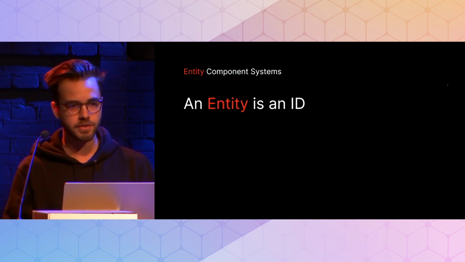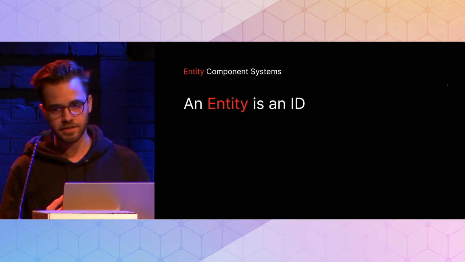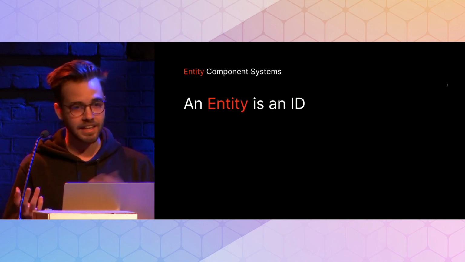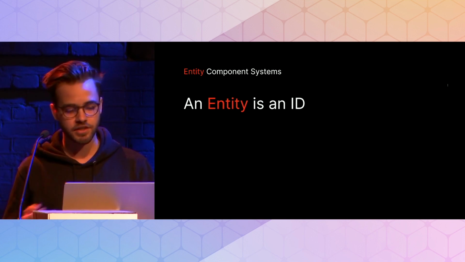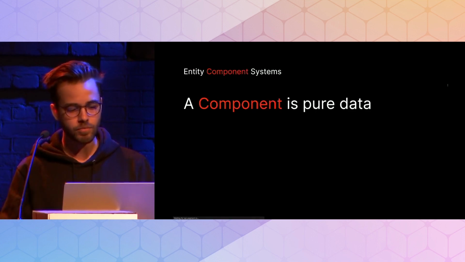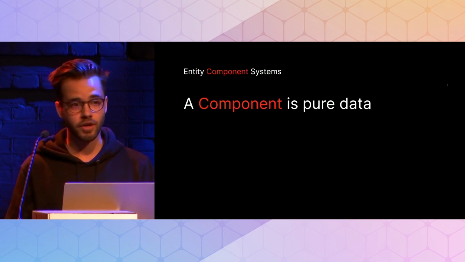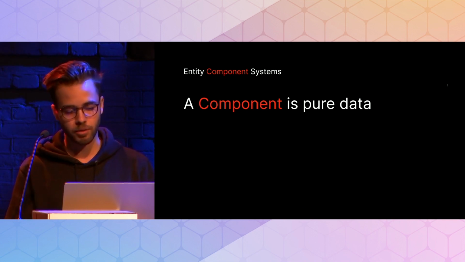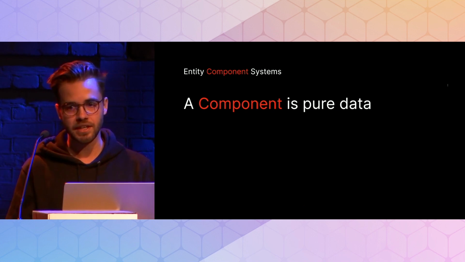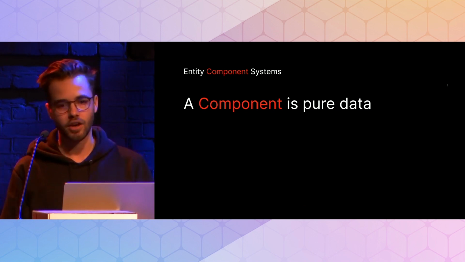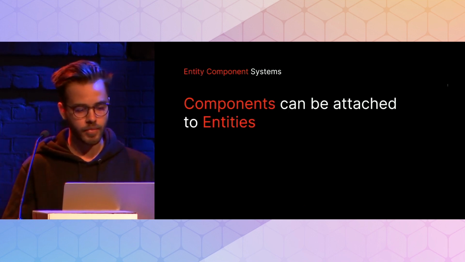Entity component systems consist of three things: entities, components, and systems. Entities are nothing more than an ID. It's just a number, essentially. And then the data for the entities is stored in components. Components are only data. They contain no logic, and they can be seen as the capabilities of an entity.